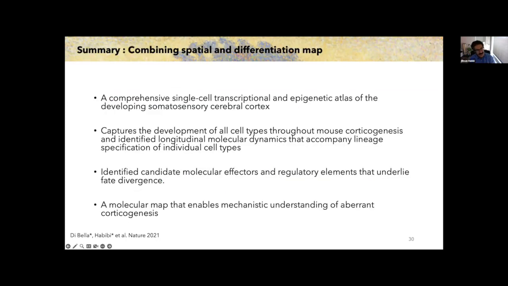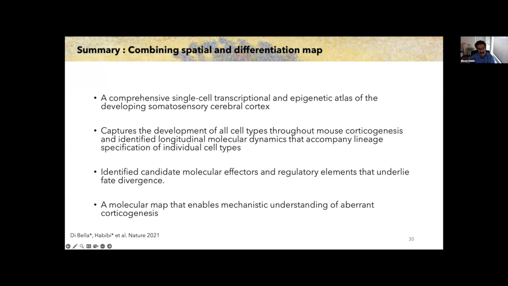And as a summary, we generated a comprehensive single cell transcriptional and epigenetic atlas of the developing mouse somatosensory cortex. We captured the development of all cell types throughout mouse corticogenesis and identified longitudinal molecular dynamics that accompany lineage specification of individual cell types.